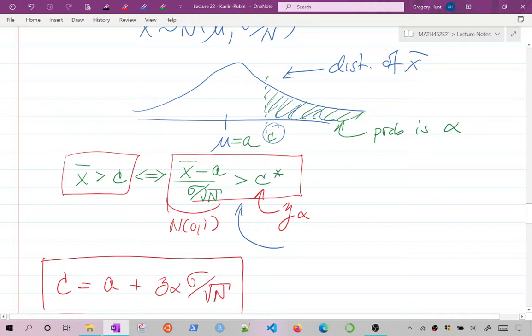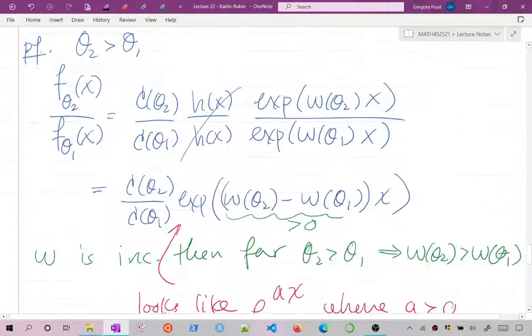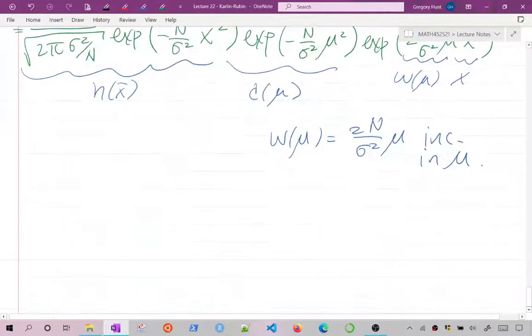For simple hypotheses and for one-sided composite hypotheses, as long as you have a little condition that they come from an exponential family, it's pretty easy to find the most powerful test. And these tests, when you develop them, are tests that you recognize. Here's the z-test. If you didn't know sigma squared, you would end up deriving the t-test. So that's a nice little conclusion for our theory of hypothesis testing.